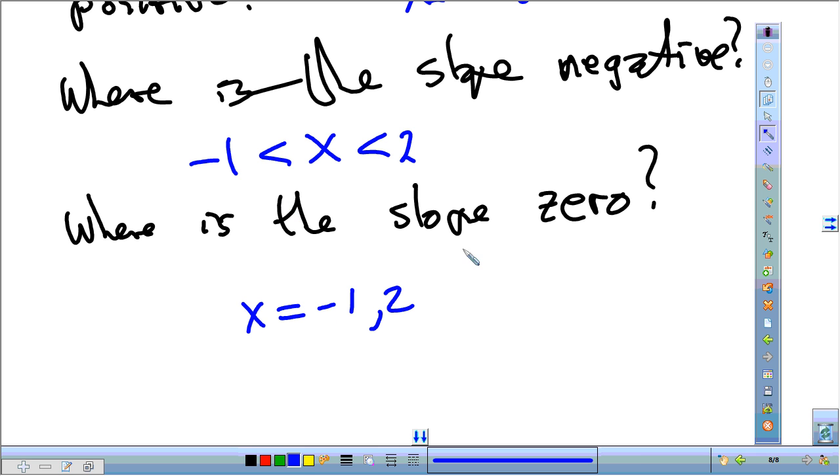And that would be at those places we saw where it changes from positive to negative slope.